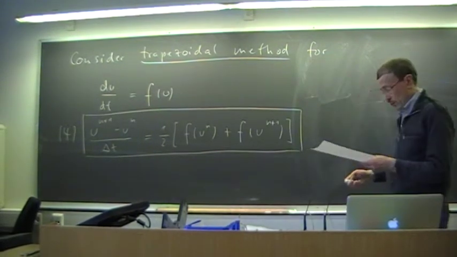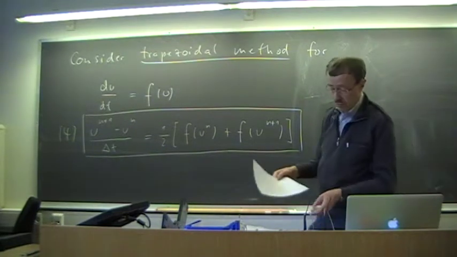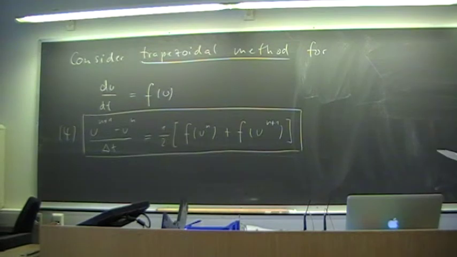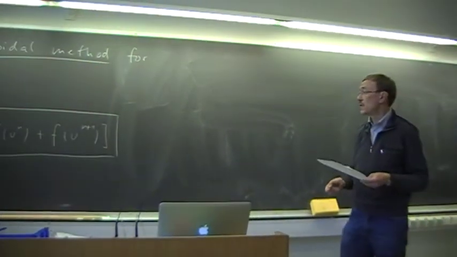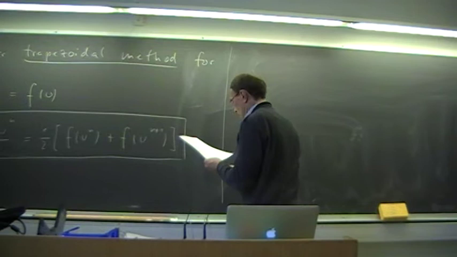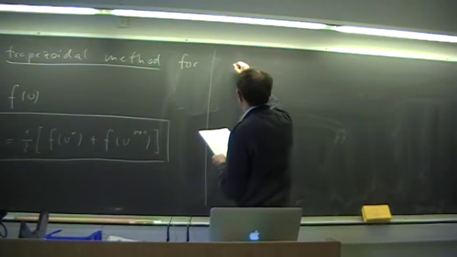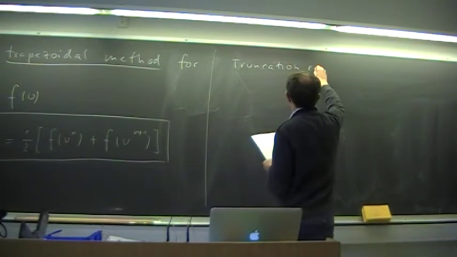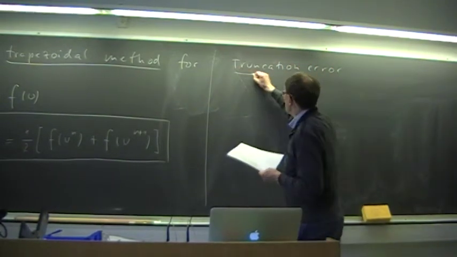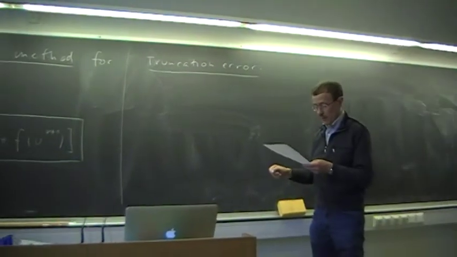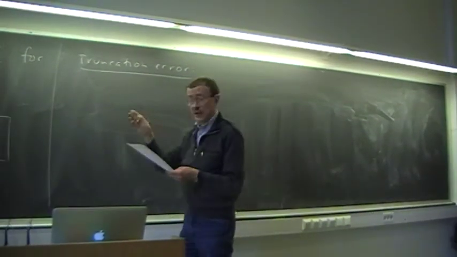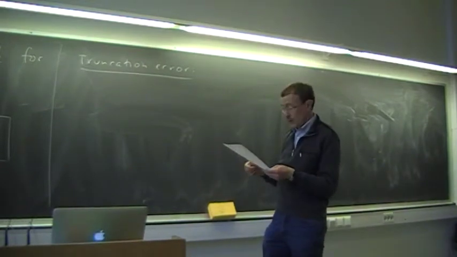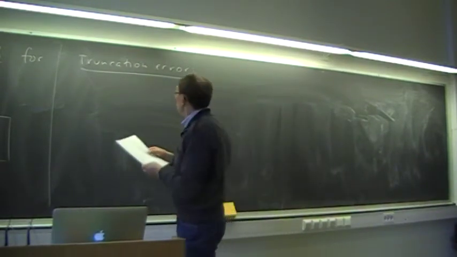And now we want to analyze that, and we make it simple. We think what will be the truncation error when we insert the exact solution. So that will be the truncation error, and if we would distinguish, it would be the global truncation error. For ODEs we sometimes also look at local and global truncation error, but this is the global one.